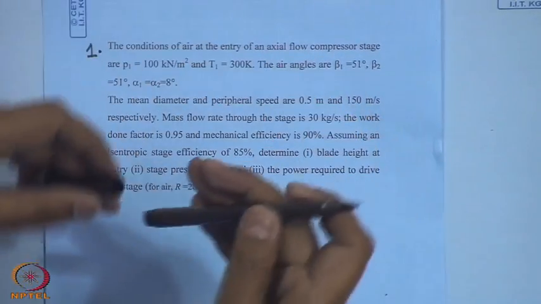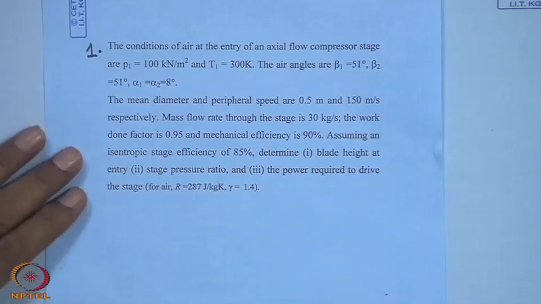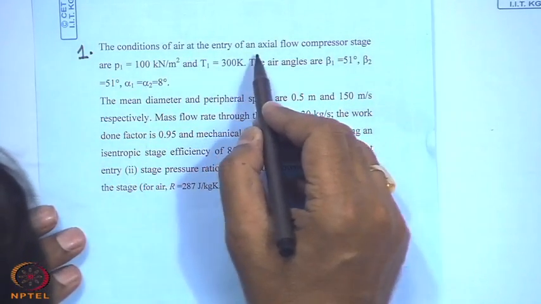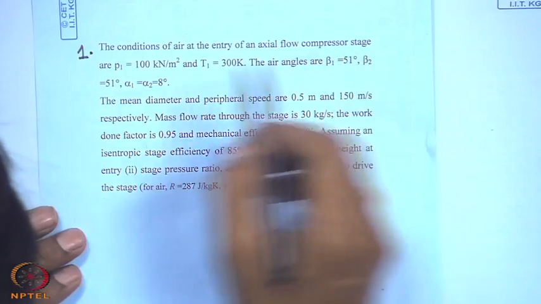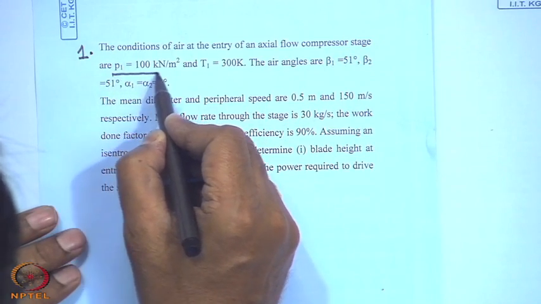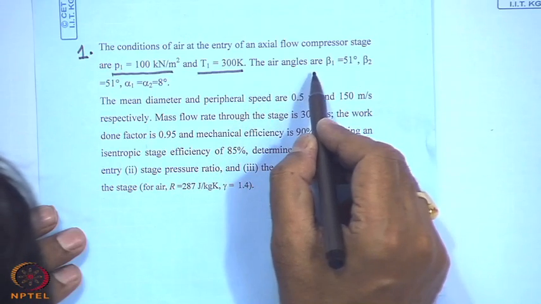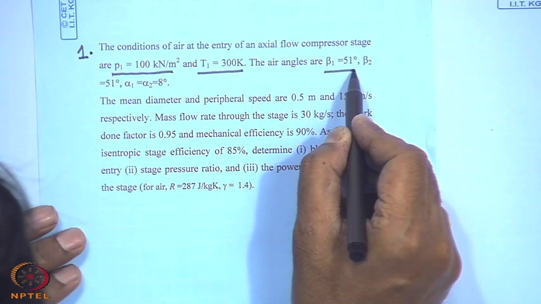Let me read out the problem first. The conditions of air at the entry of an axial flow compressor stage are P1, the inlet pressure, and temperature, which are given. The air angles are beta 1, so this nomenclature is known to us.